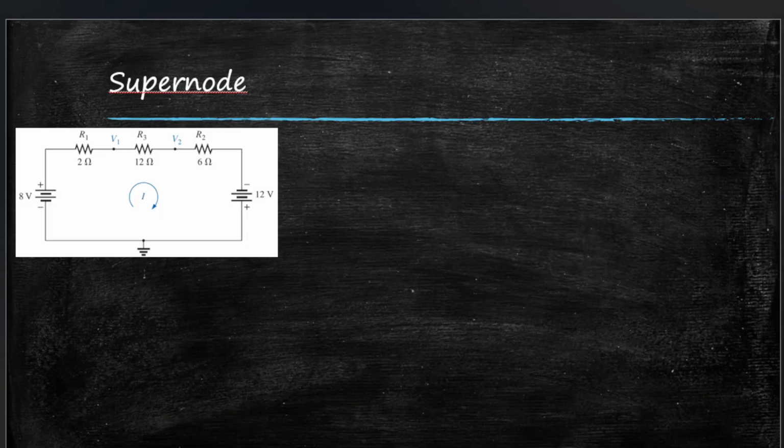Okay, now we have another super node question. So we have two voltage sources and one current. If you look carefully, this circuit is actually the same as, wait, I'll bring that image.